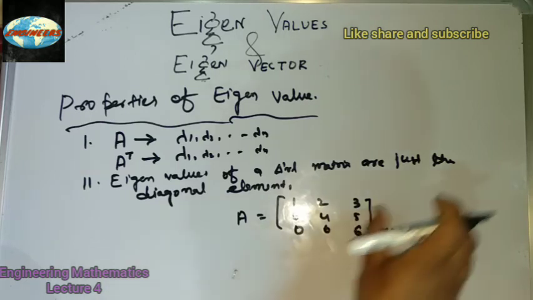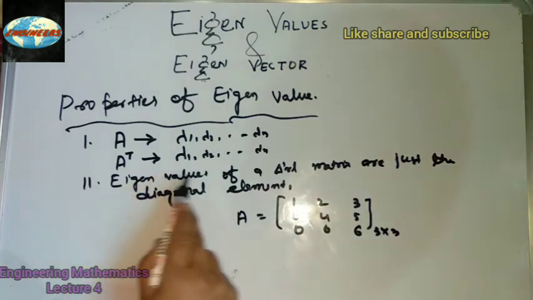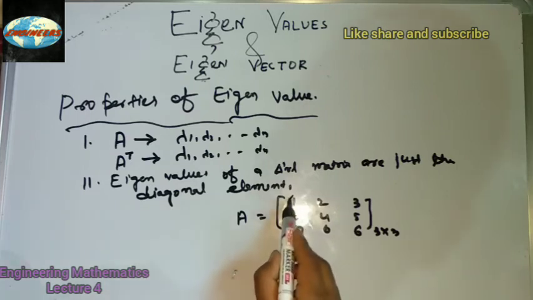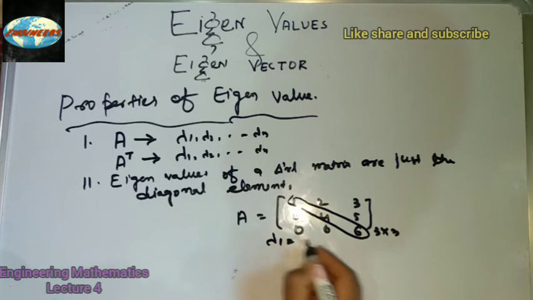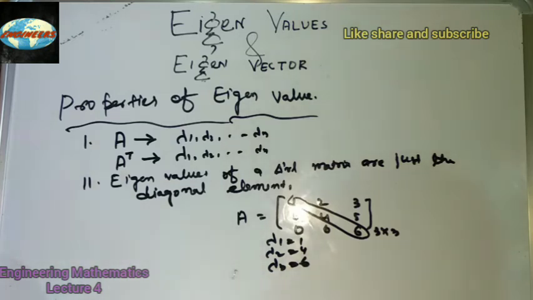The eigenvalues of a triangular matrix are just the diagonal elements. So lambda 1 will be 1, lambda 2 will be 4, and lambda 3 will be 6.